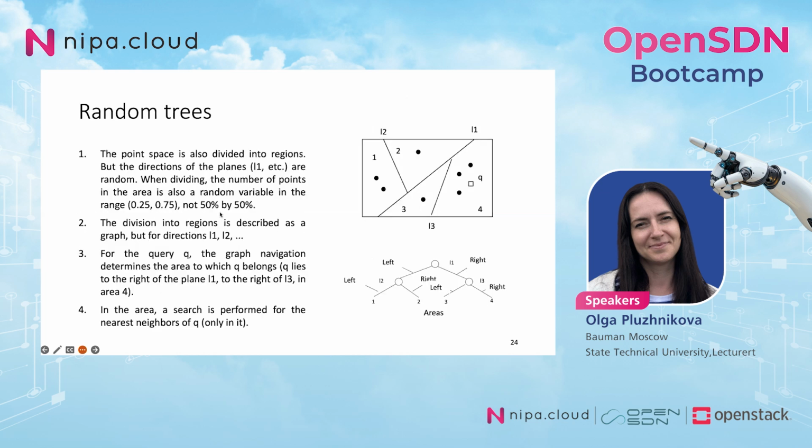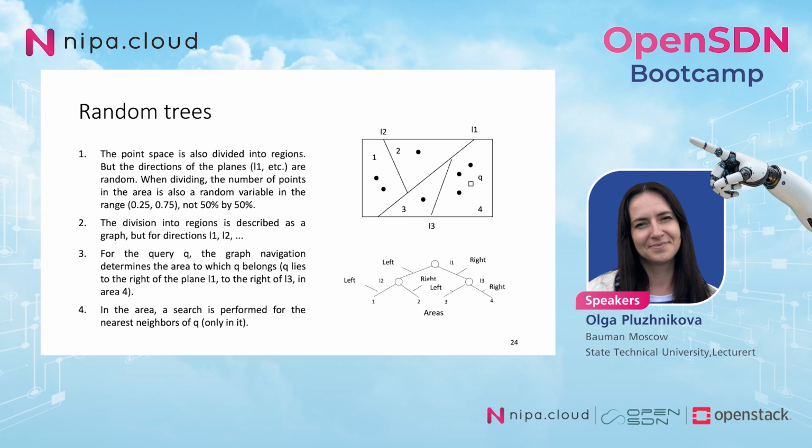Random trees: the point space is also divided into regions, but the directions of the planes are random. When dividing, the number of points in the area is also a random variable, but within some range. The division into regions is described as a graph, but for directions.